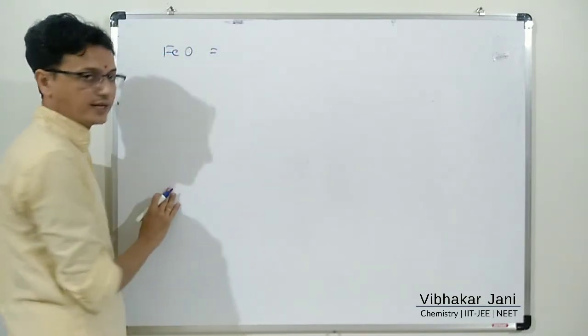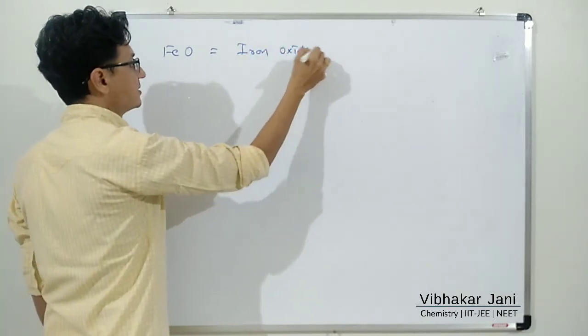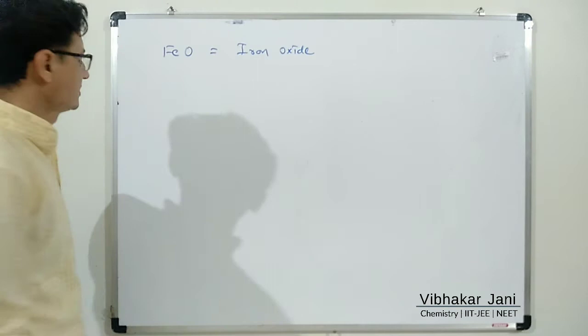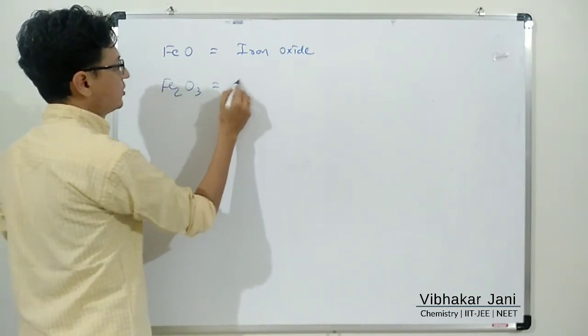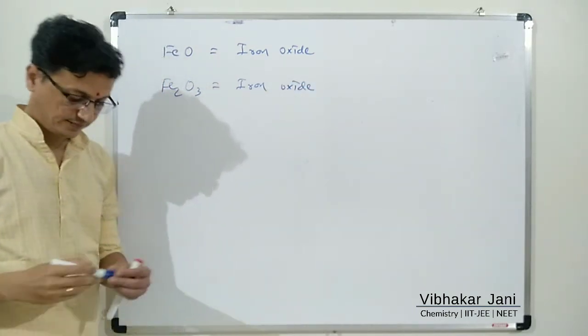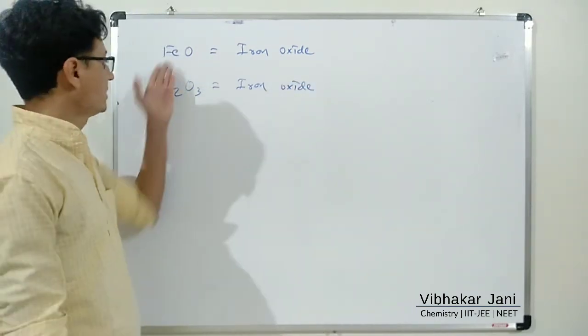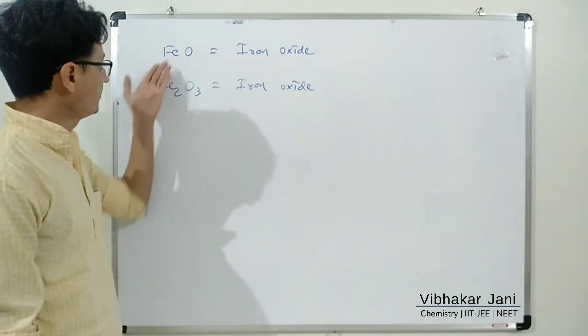Now this is known as iron oxide. And again Fe2O3, this is also iron oxide. So both are iron oxide, but they are having different formulas.